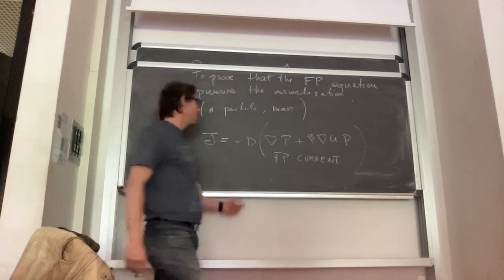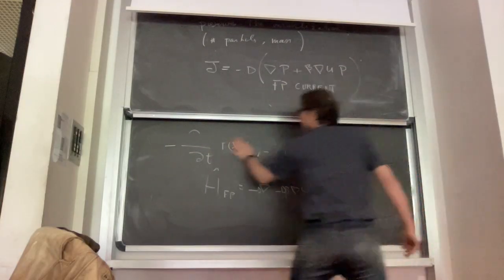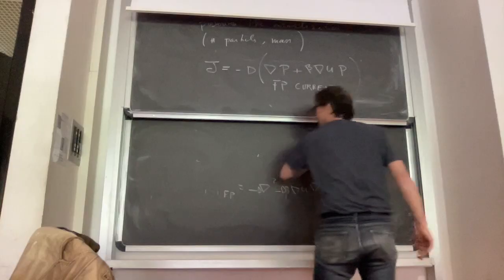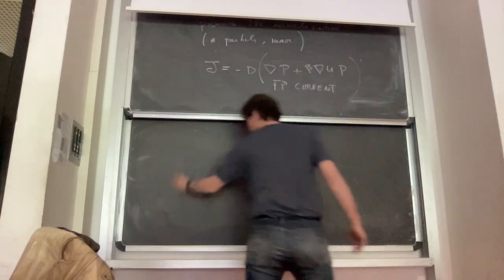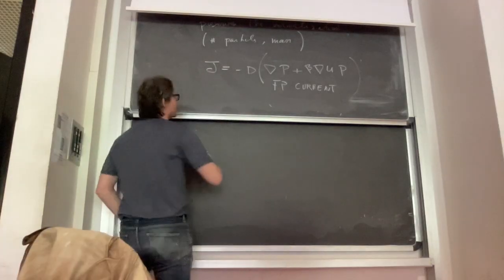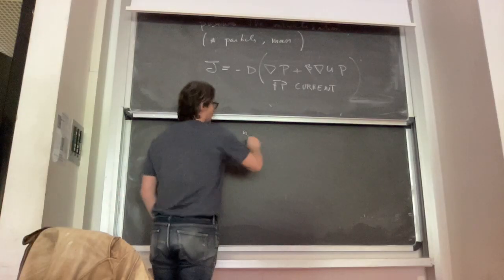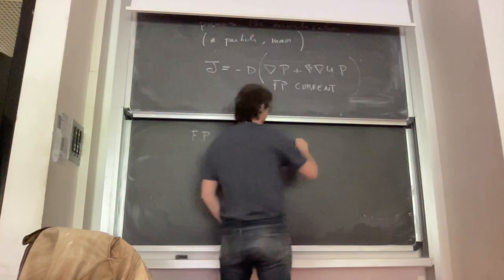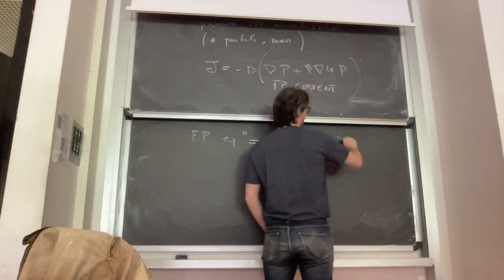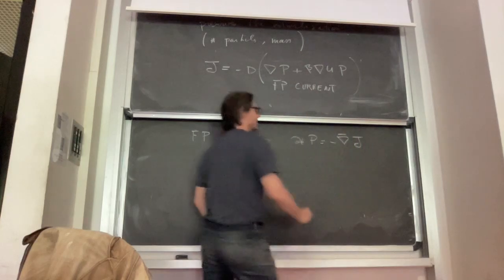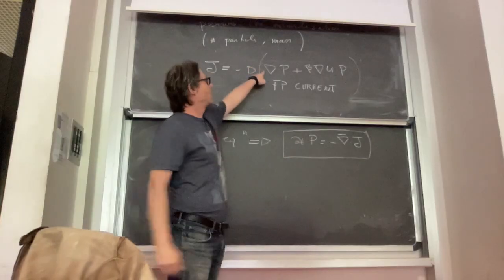Okay? Now, it takes you basically 5 seconds to realize that the Fokker-Planck equation can be equivalently written in the following way. dt of p equals negative gradient of J. Look, take a divergence here.